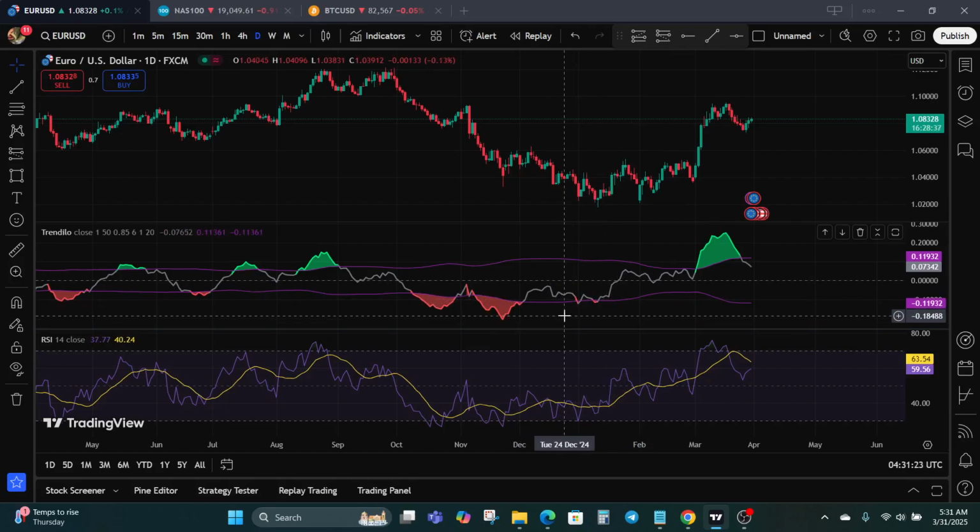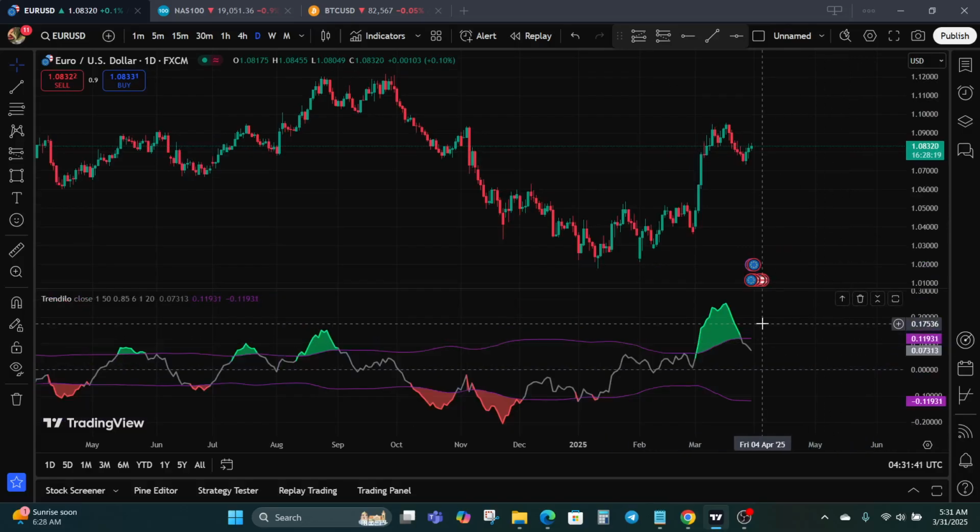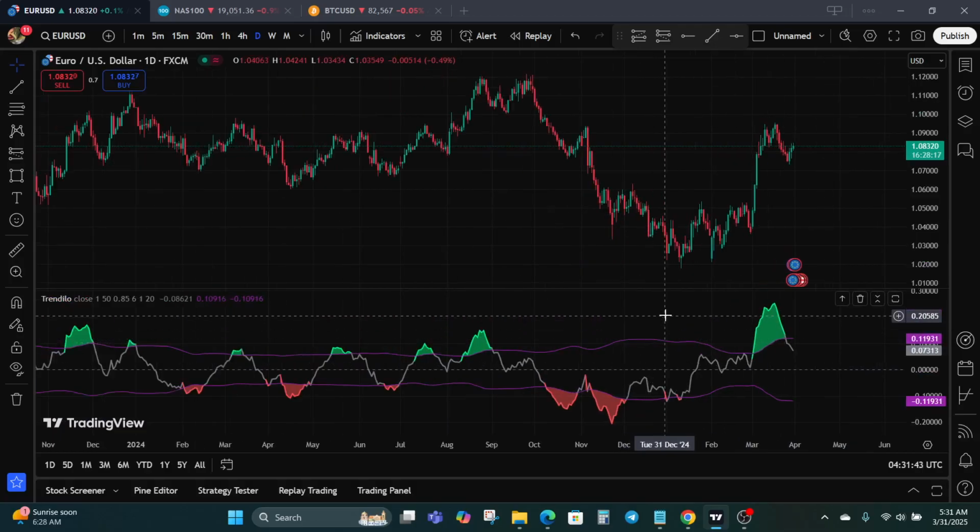So instead of relying on fixed levels, it incorporates trend confirmation tools, giving traders a more reliable way to analyze market movements. So now, why exactly should you use the Trendilo indicator? So here's what makes it stand out.